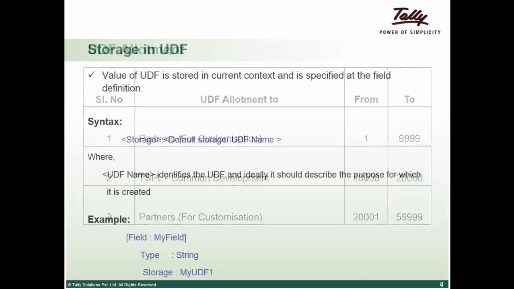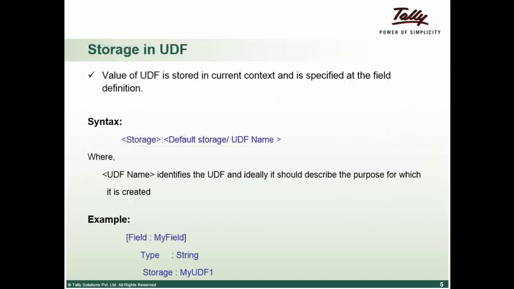Then the storage at the field level. So you will have a report in an alteration mode, and the UDF is created. That is, you have given the storage name. Now that is the database, the backend. Now you have to connect it to the interface, the front end that the user will see.